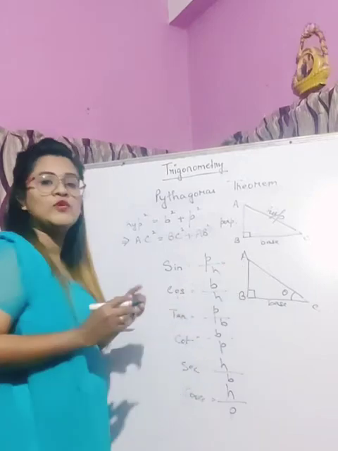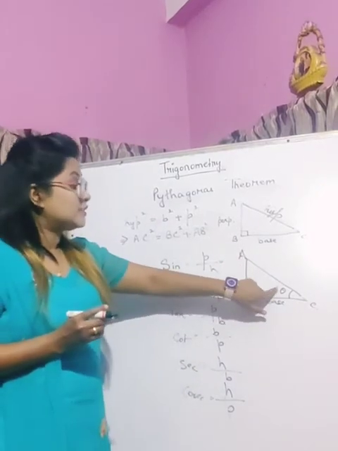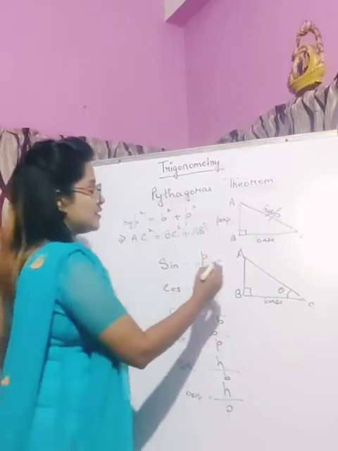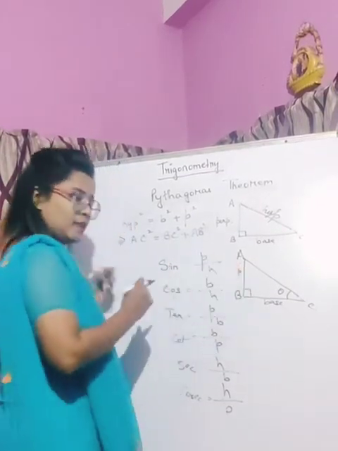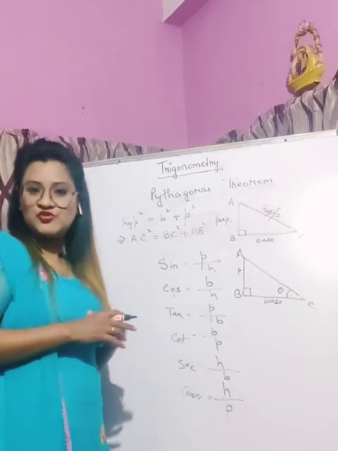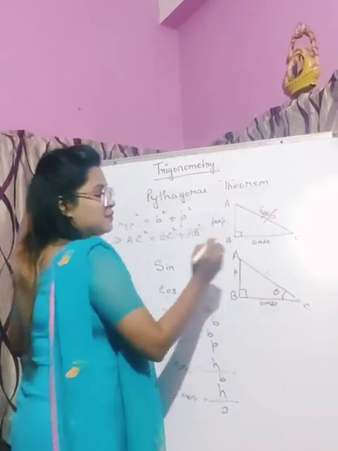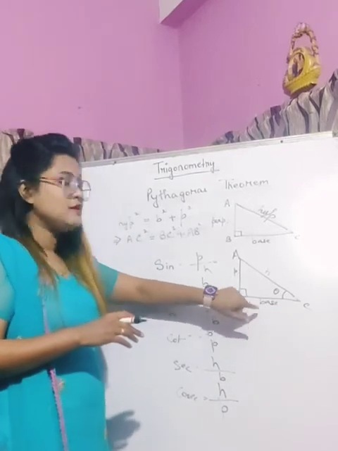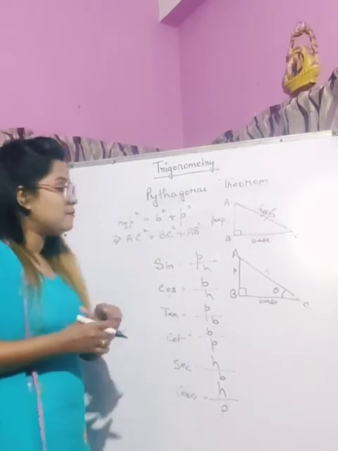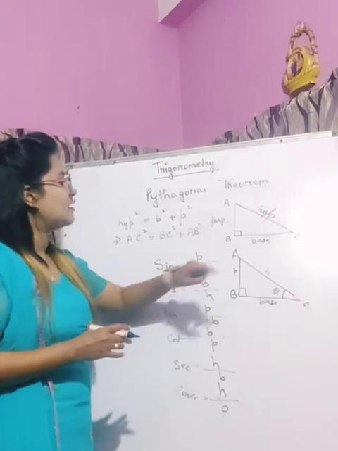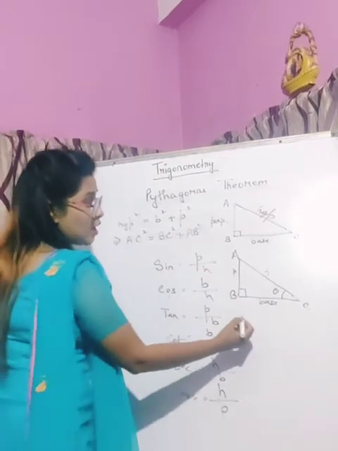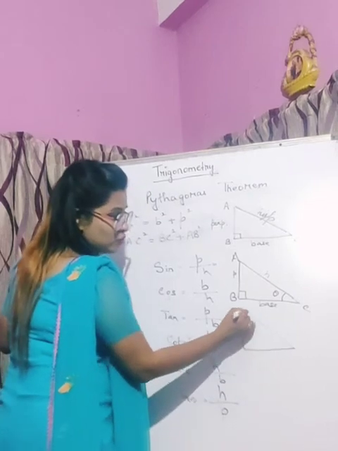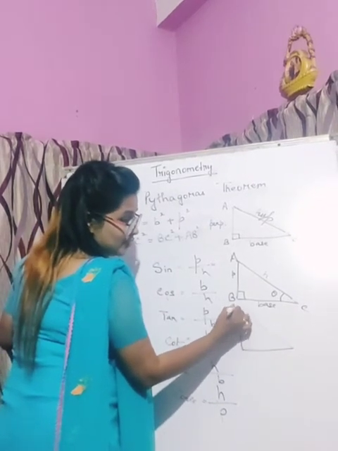The line opposite to the angle theta is the perpendicular. And the longest side is the hypotenuse. So we put the base as BC, the perpendicular as AB, and the hypotenuse as AC.